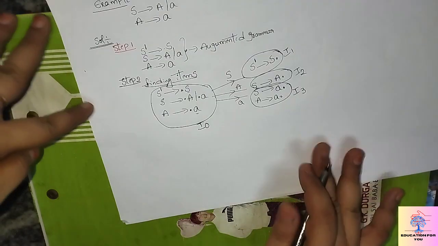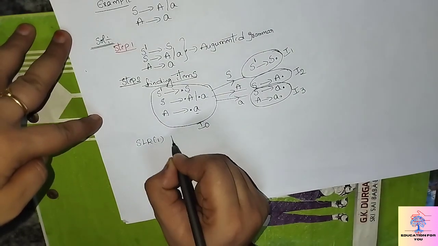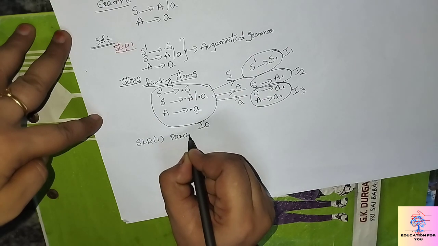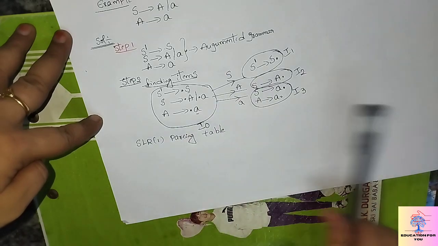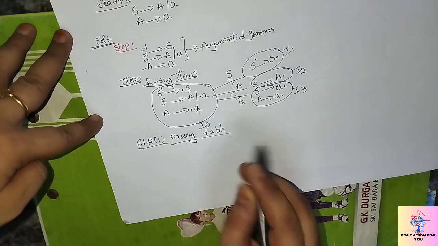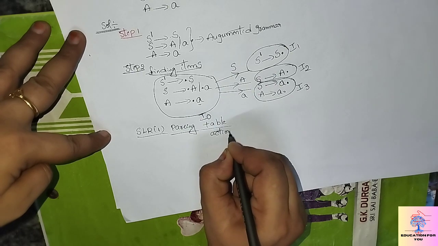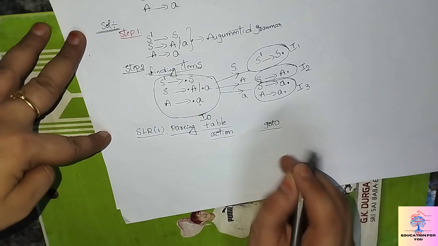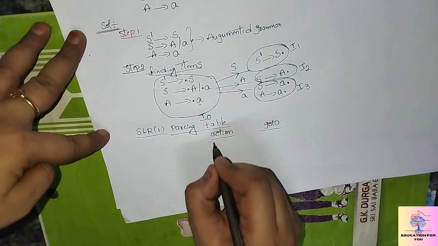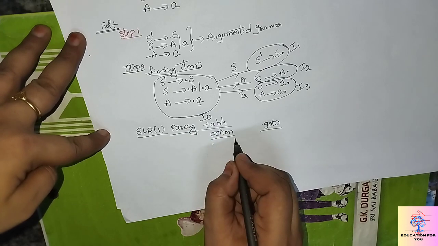Now our next step is constructing the SLR1 parsing table. You know that there are two columns: the first column is action, the second column is called go to, same like the LR parser. In action take the columns as terminals.